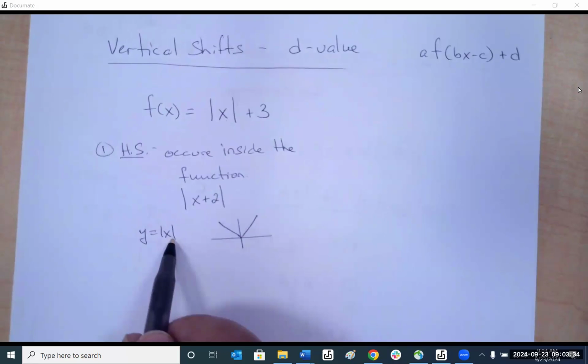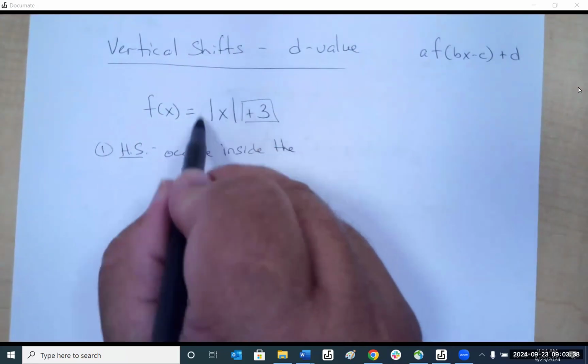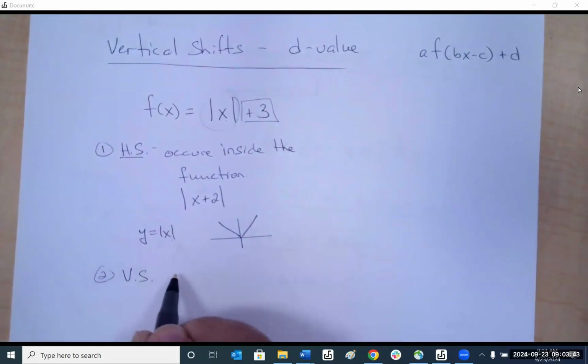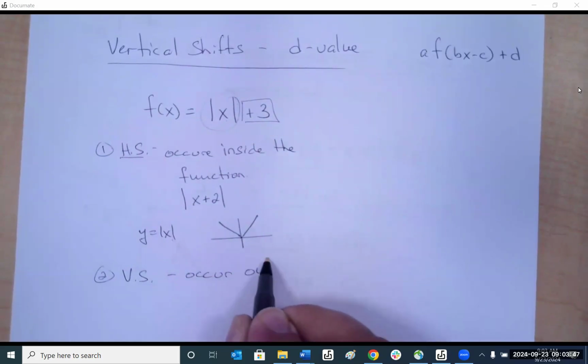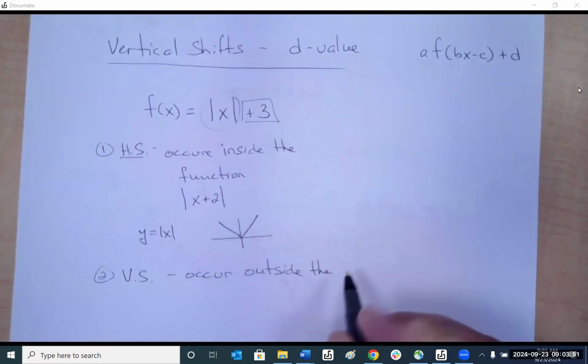Now, since we have a plus 3 to the function, vertical shifts occur outside the function.